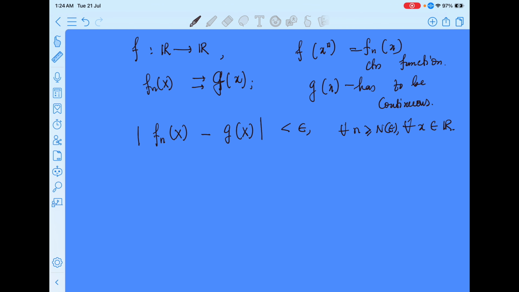So g is a continuous function. So let us put f(x)^n, because fn(x) is that.